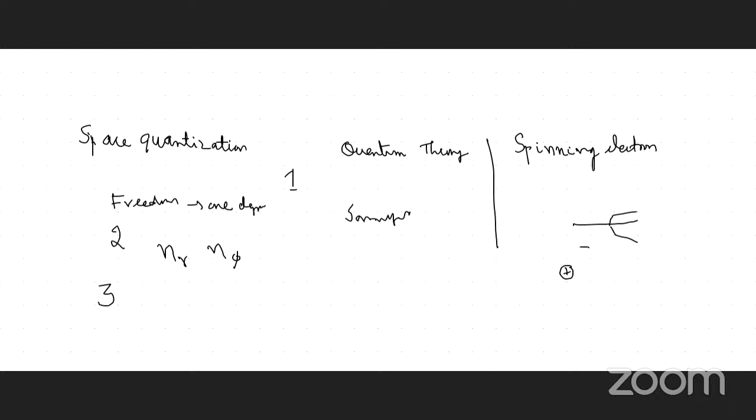This is what we call the orbital motion of the electron. Whenever the electron is revolving around the nucleus, at the same time the electron also revolves on its own axis.